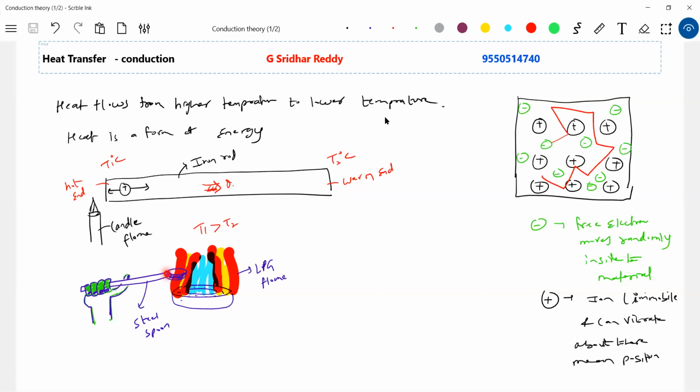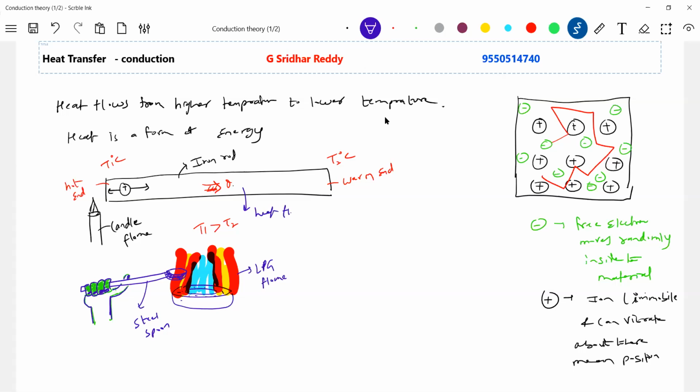So how will that take place? Conduction will occur. The heat will flow from this bowl shape, from the curved shape, to the other end. Able to analyze here? The heat will flow from higher temperature to low temperature. How is it transferred? By the vibration of atoms and the motion of free electrons. Okay, clear. So what is the comment we can write?